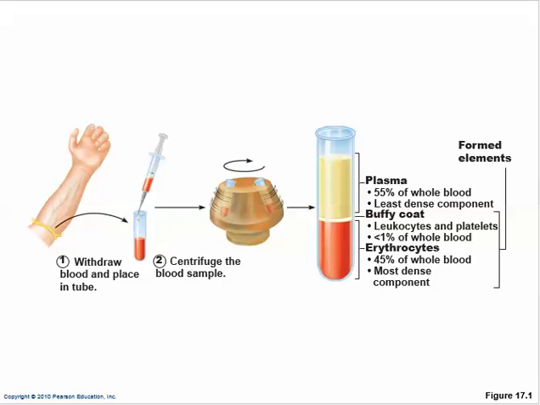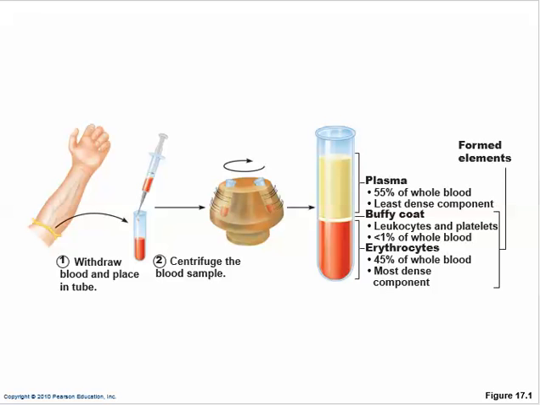We can take whole blood, put it in a test tube and spin it. What happens is that the cells, which are in suspension rather than in solution or even colloid, will actually settle out due to the centrifugal force of centrifuging them.